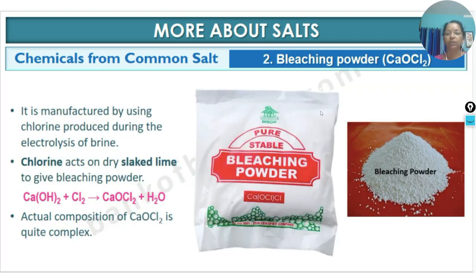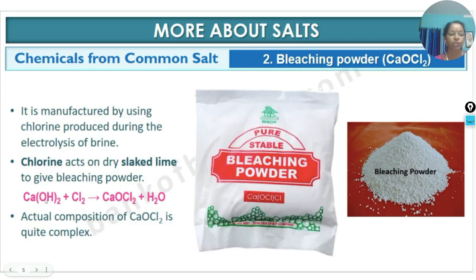Now the next chemical we are going to prepare from common salt is bleaching powder. The formula is CaOCl2, calcium oxychloride. What you have to do is act chlorine on dry slaked lime.